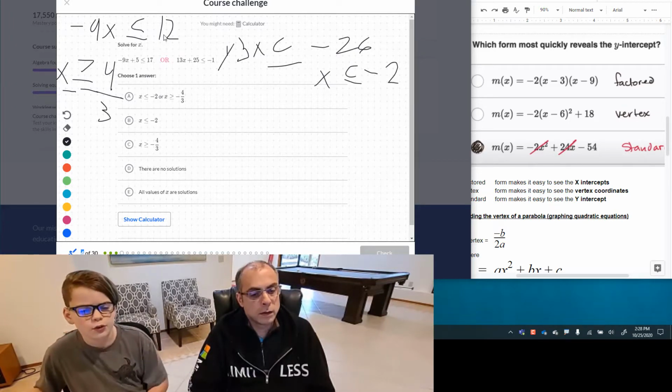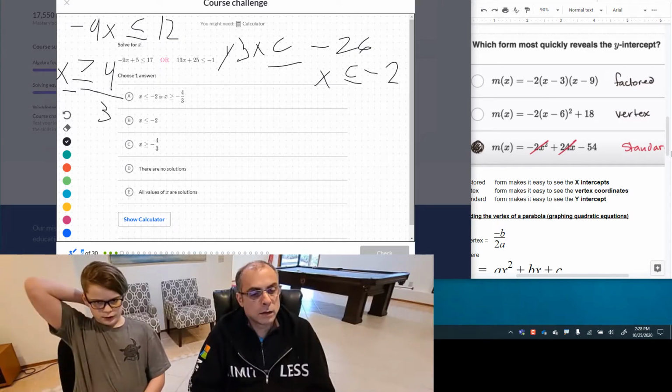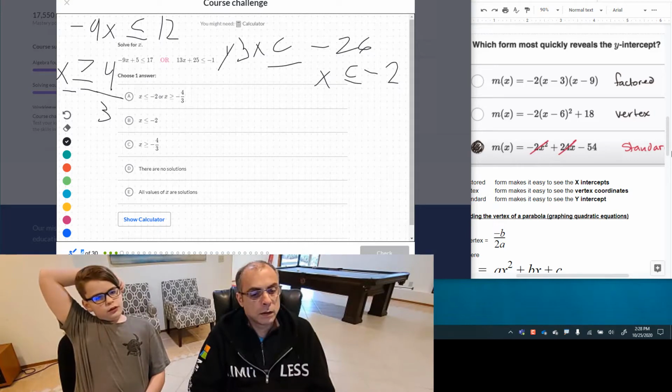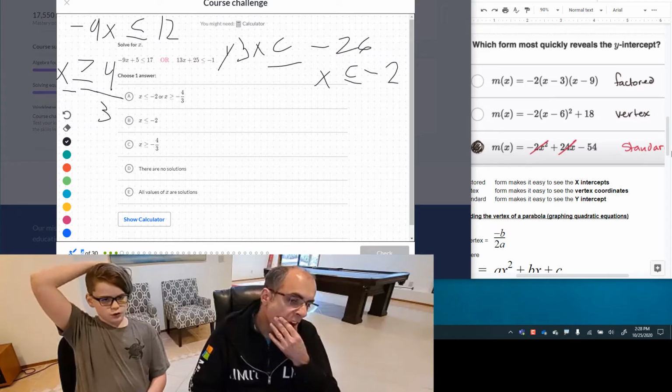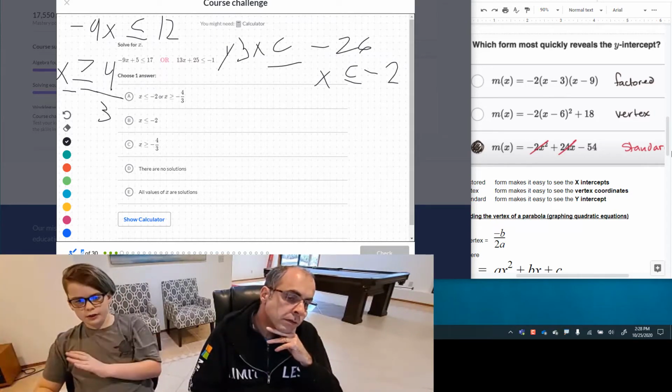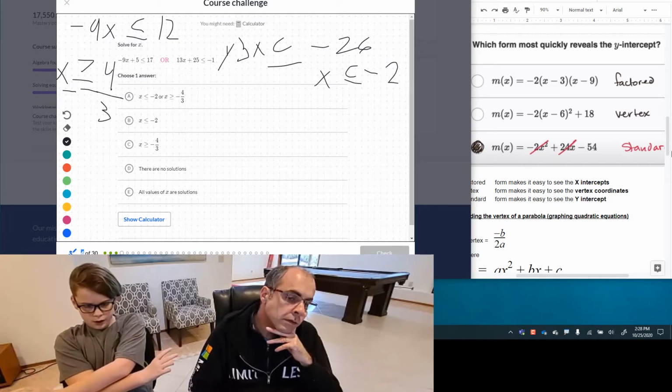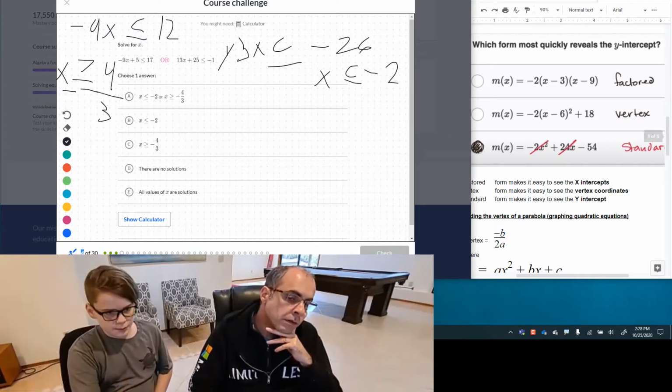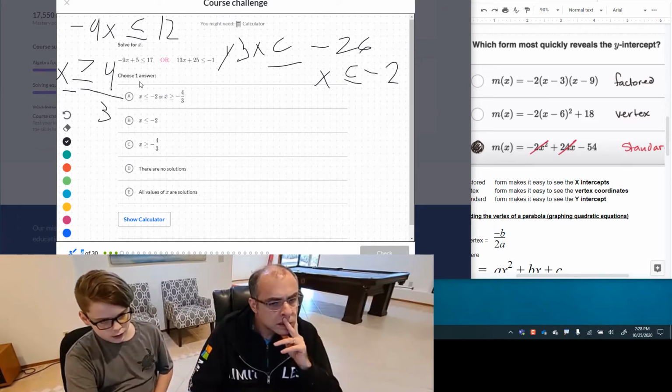But then it has to do the or. So x is greater, so it'll go that way, and x is less, so it'll go that way. If it was and, it would be this, I think. Is it E?